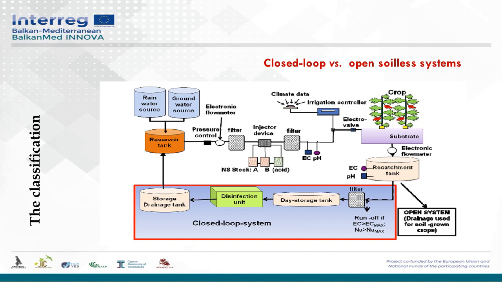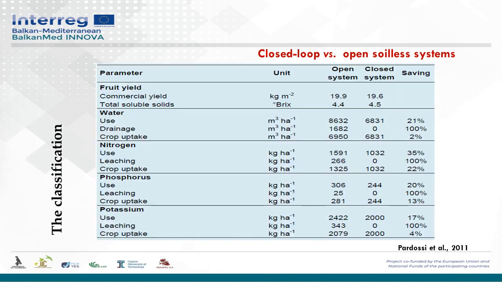Otherwise, in the closed soilless production system, it is recycled, disinfected, restored when needed to its original composition, and then recirculated in the system. So this is a schematic view of both systems, and these are the differences between them.